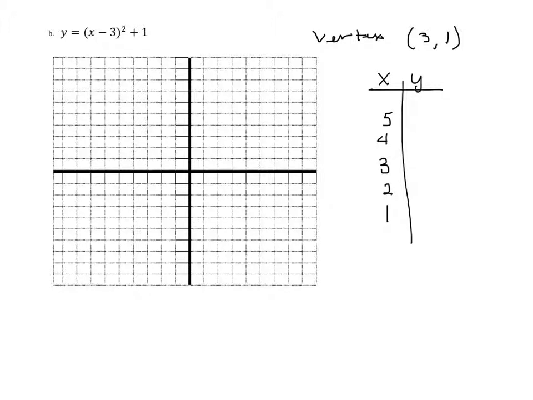And now 3, comma 1 goes here. And we're going to put 4 in. So when we stick 4 in, we get the value 2 out. So when we stick 2 in, we'll also get the value 2 out. When we stick 5 in, 5 take away 3 is 2. Square 2 is 4. Plus 1 is 5. When we stick in 1, we will also get 5.